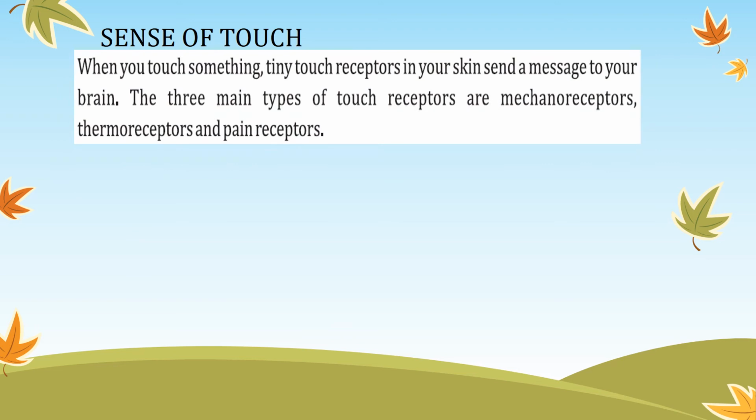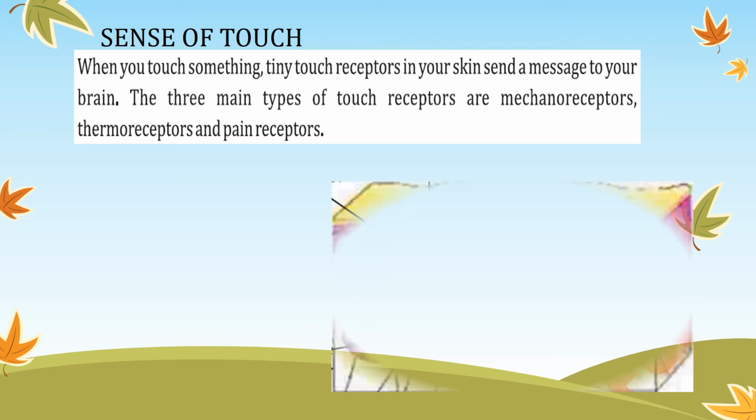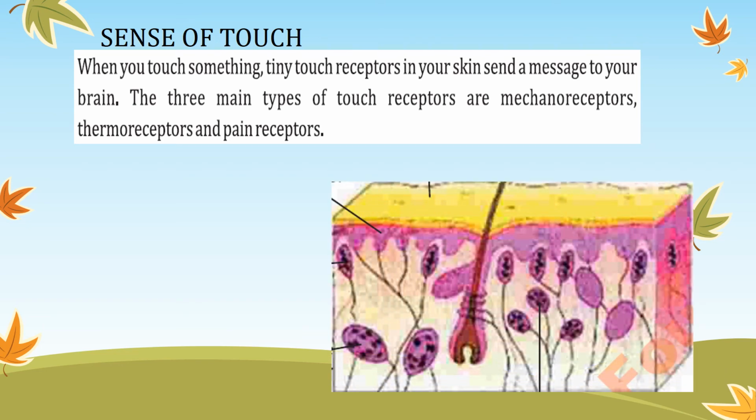Now, how can we touch different things? Actually, when we touch something, tiny touch receptors present in our skin send the message to our brain, and the brain interprets it and detects this. You can see these tiny touch receptors present in our body.